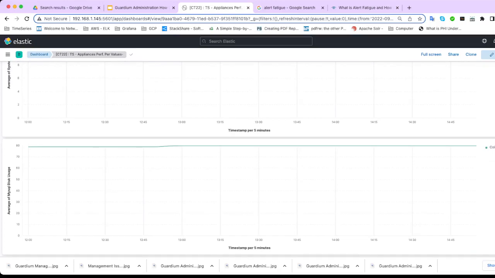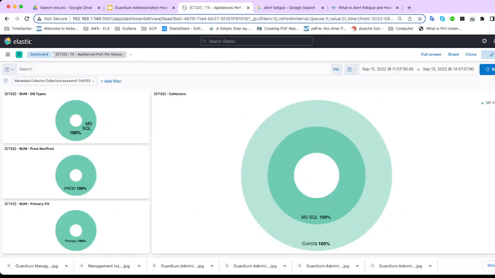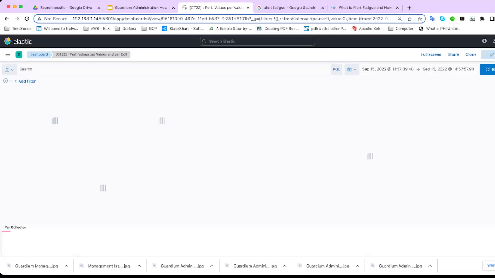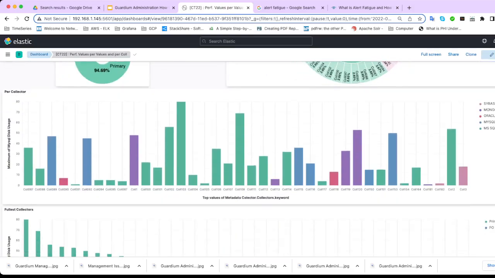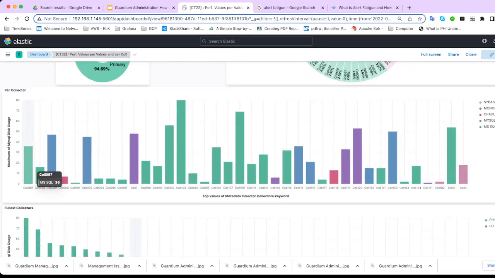And once again, if we go here on this one, this is 50 collectors. It doesn't take that much room, and if you've got even more, the bars are just going to be narrower. So that's it.